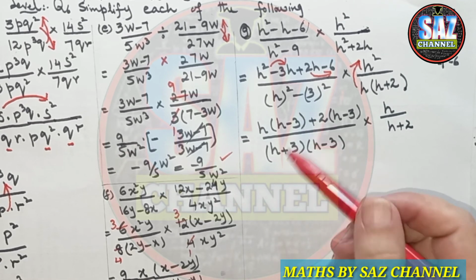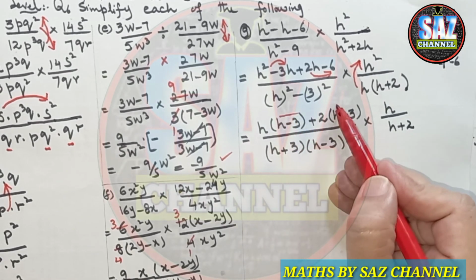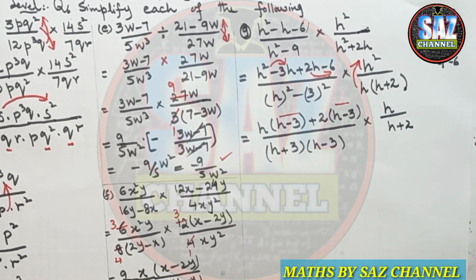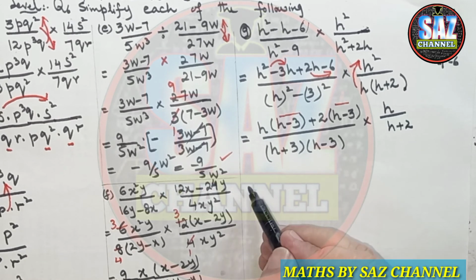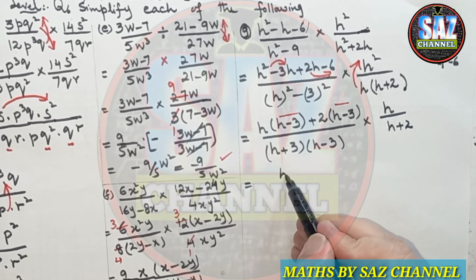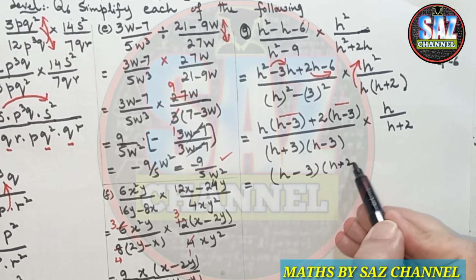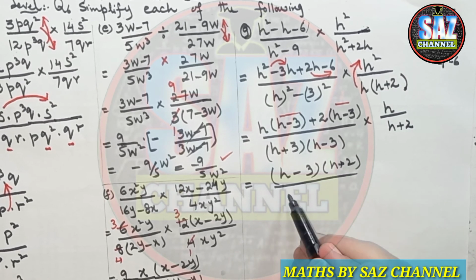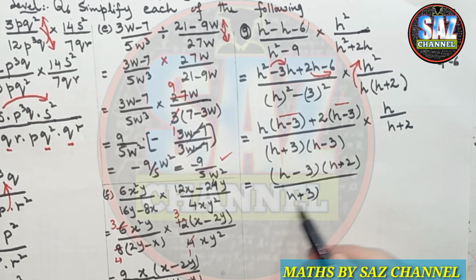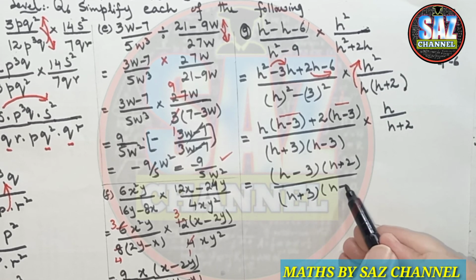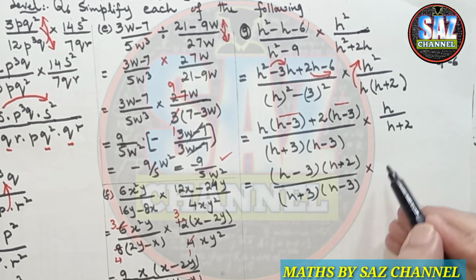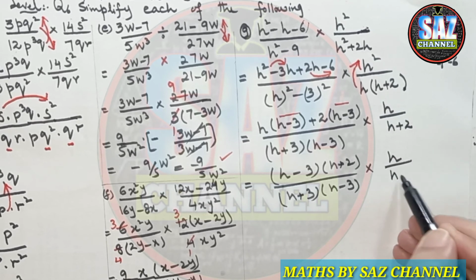Now see, this h - 3 is the common group. Extract it out, pull it out. So my next step will be (h - 3) multiplied by (h + 2) upon (h + 3) into (h - 3) multiplied by h upon h + 2.